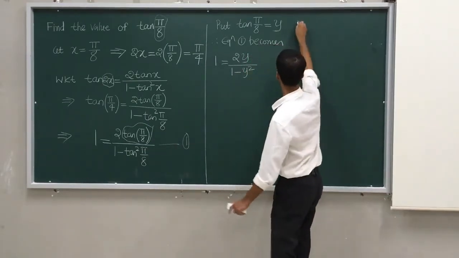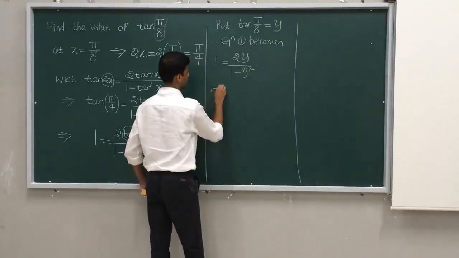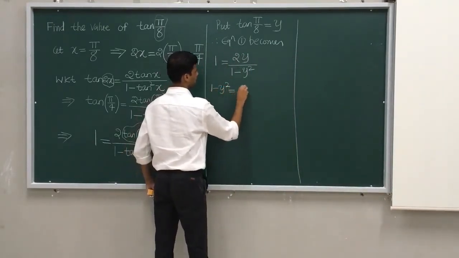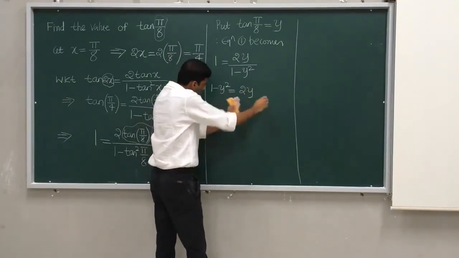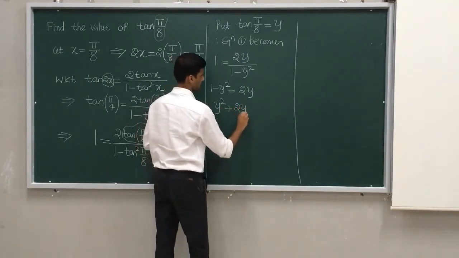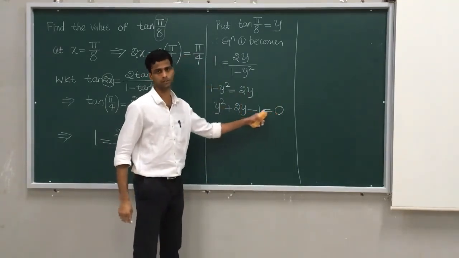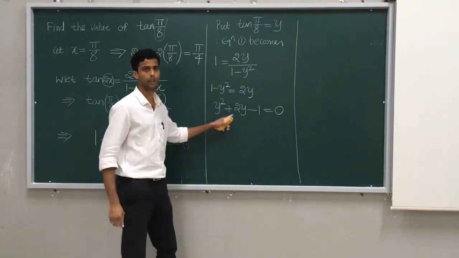I guess you got a bit of an idea why I am doing it like this. Now cross multiply. You get 1 minus y square equal to 2y. Bring this side. It becomes y square plus 2y minus 1 equal to 0. It is a quadratic equation, and you know how to find the solution of a quadratic equation.